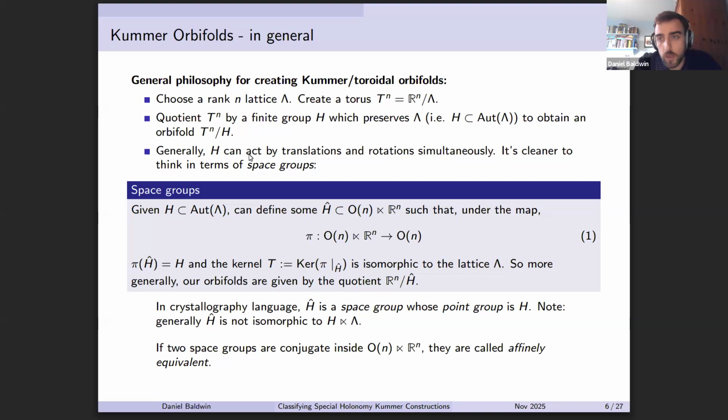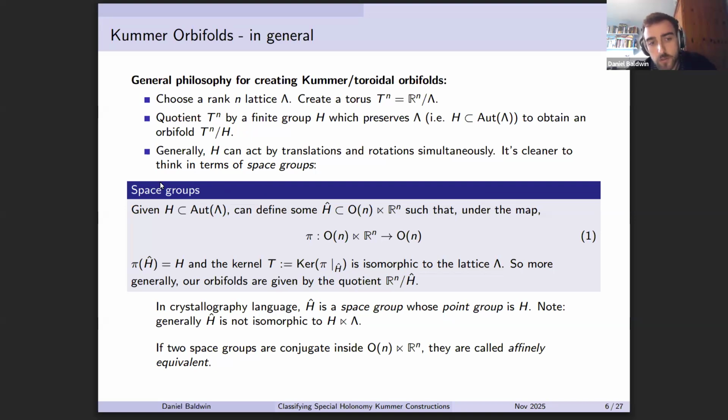Now, generally, this finite group of isometries H can act by translations and rotations simultaneously. And so it's actually cleaner to describe this group in terms of space groups. So I'll just define what they are.